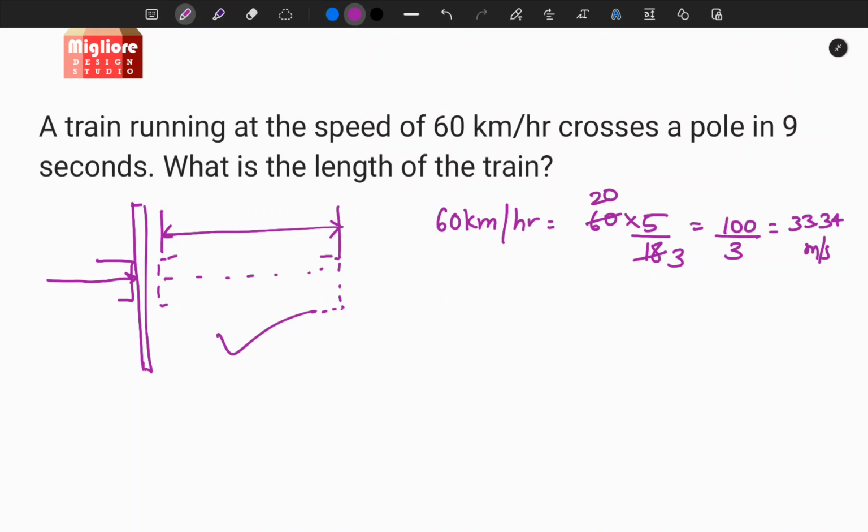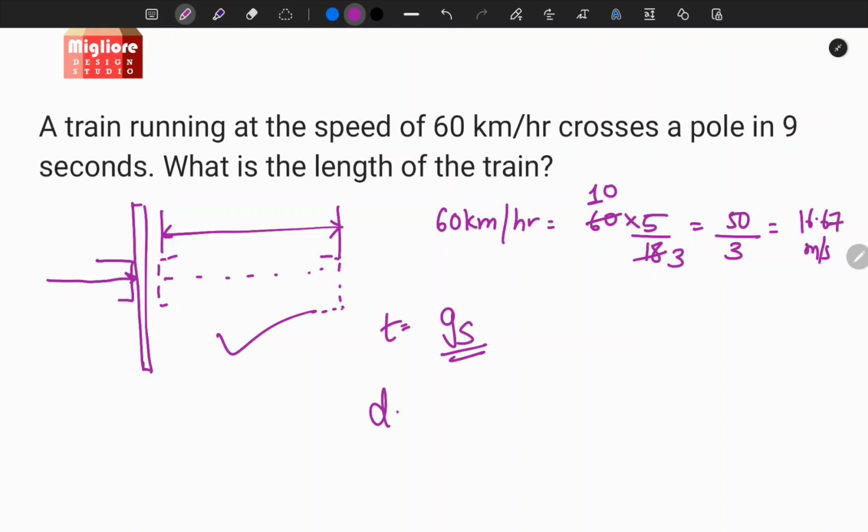Wait, this is 6 tens are, because we took 6 3s are 6 tens are, and this is actually 50, and this is 16.67 meters per second. So now it crosses the pole in 9 seconds. So we have the speed, we have the time, so we need to find the distance now.